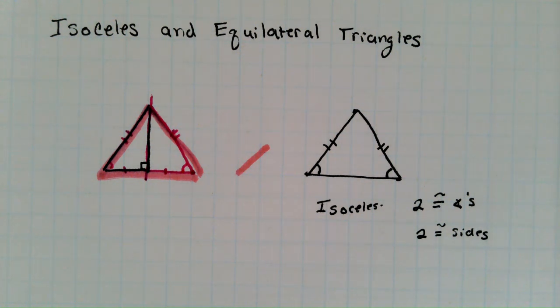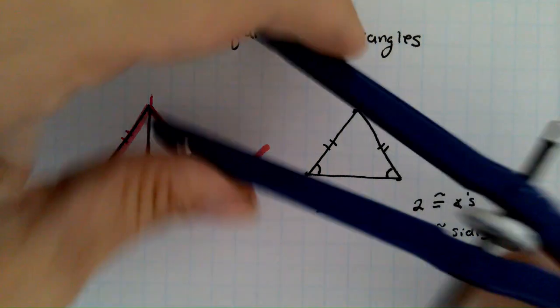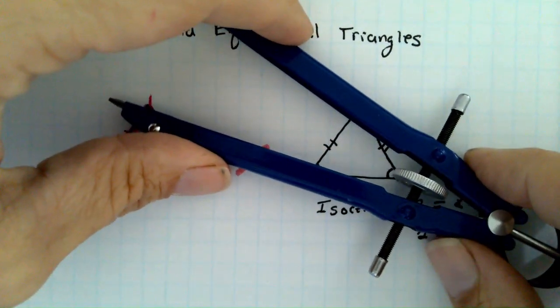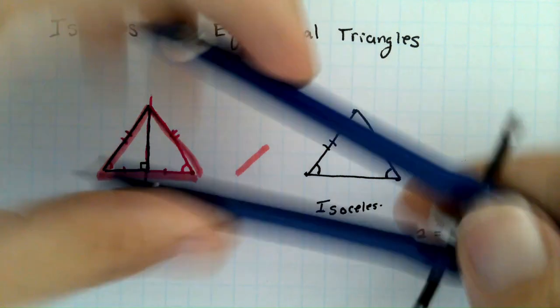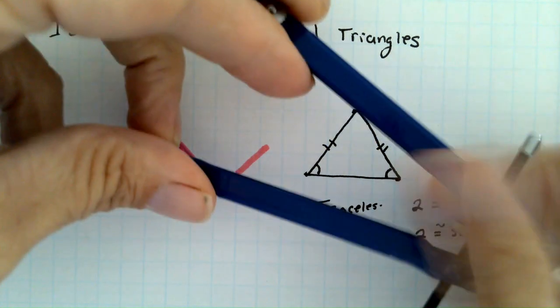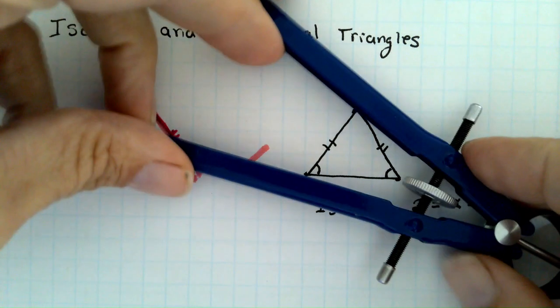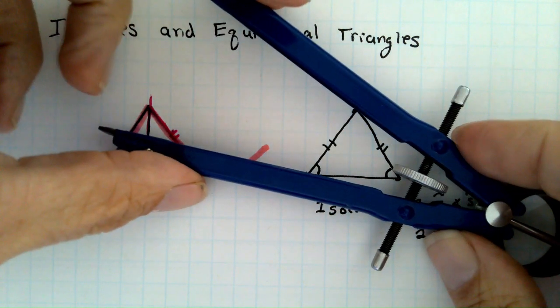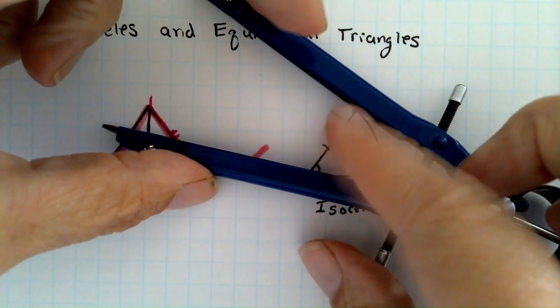Now, I do know that some students have a hard time understanding this. So we have this angle right here. See if I can open this up a little wider so it matches a little bit better. And I'll just kind of, okay, this is our angle right here, and it's opening up to this side.